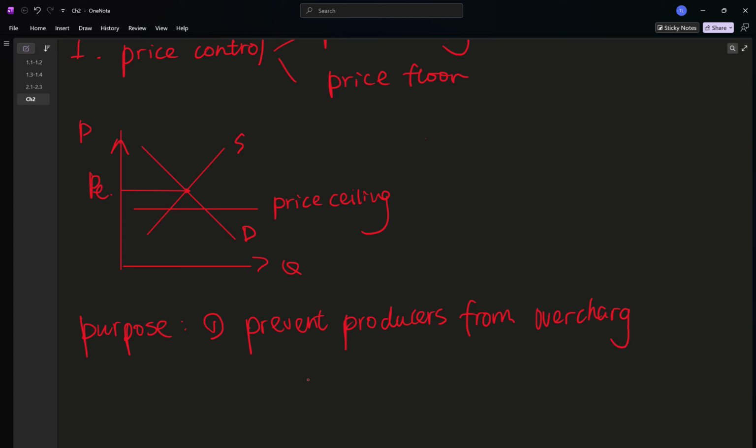It's just because you don't want the price that high, so you set a maximum. You don't want producers to set too high a price, so the government sets a price ceiling.